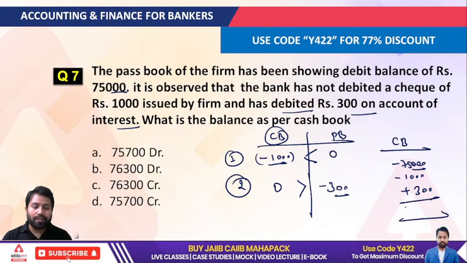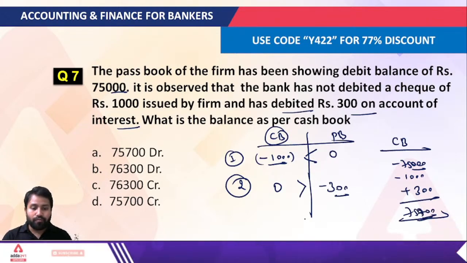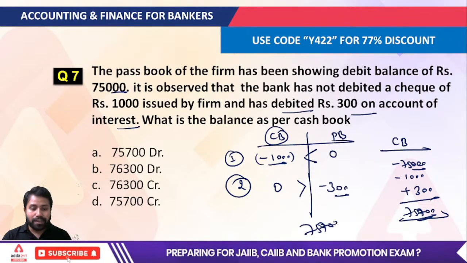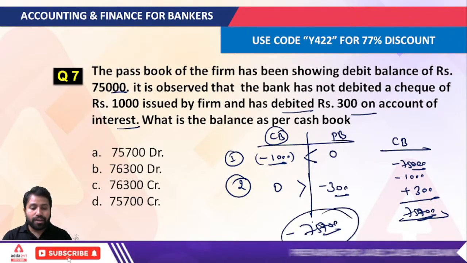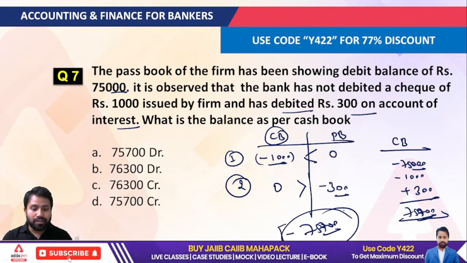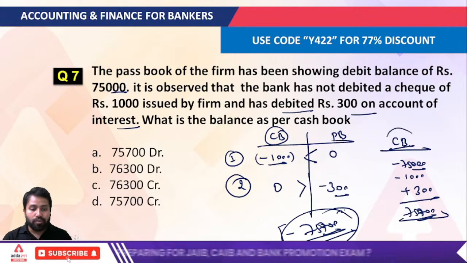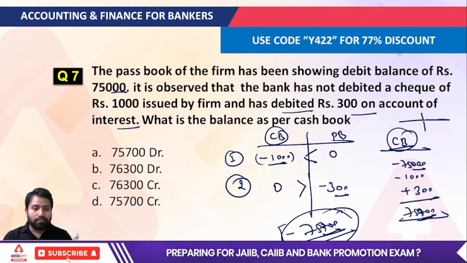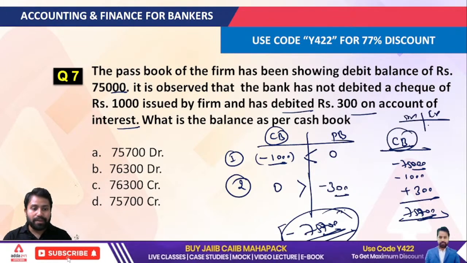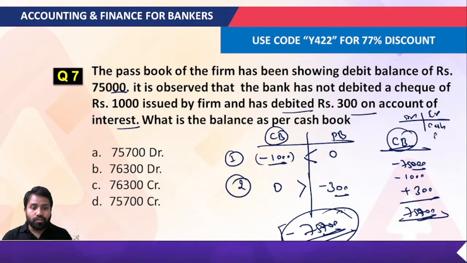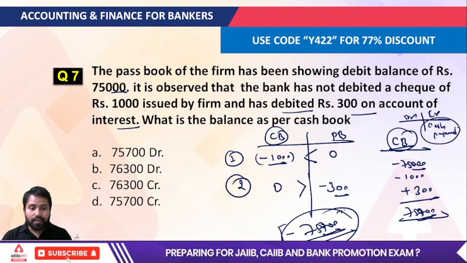Then what would be your answer? Your answer would be 75,700. And you can understand it comes with a negative sign. In the cash book, on the credit side we record all the cash payments, or all the cash liabilities of the customer.